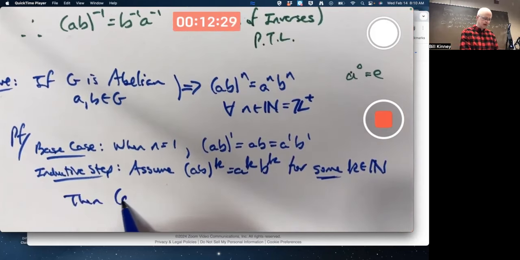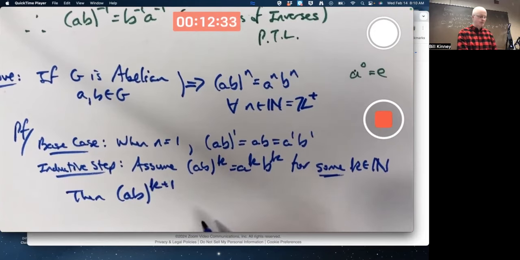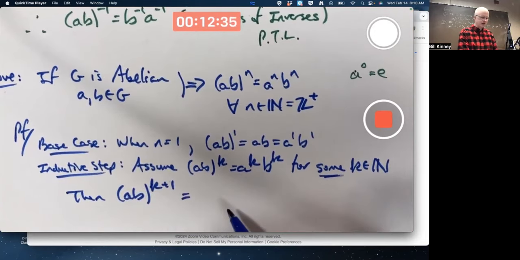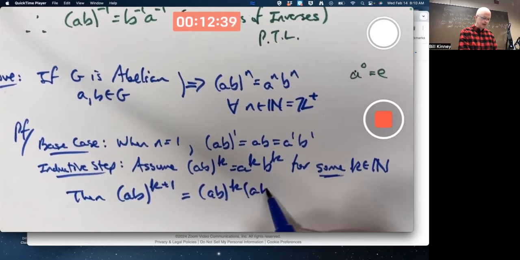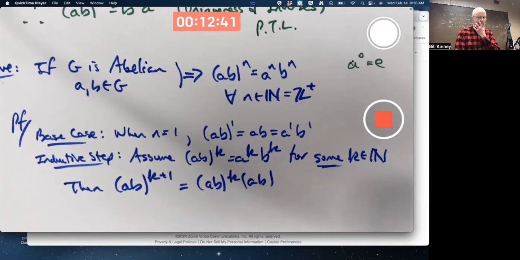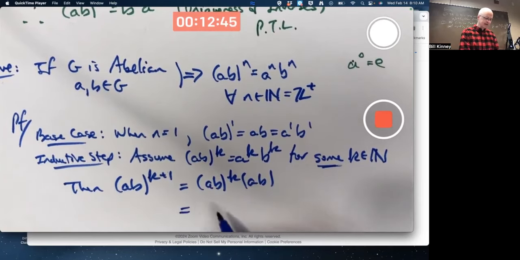Then (ab)^(k+1). Well, first of all, by definition, that's (ab)^k times ab. By the inductive hypothesis, that's a^k b^k times ab.